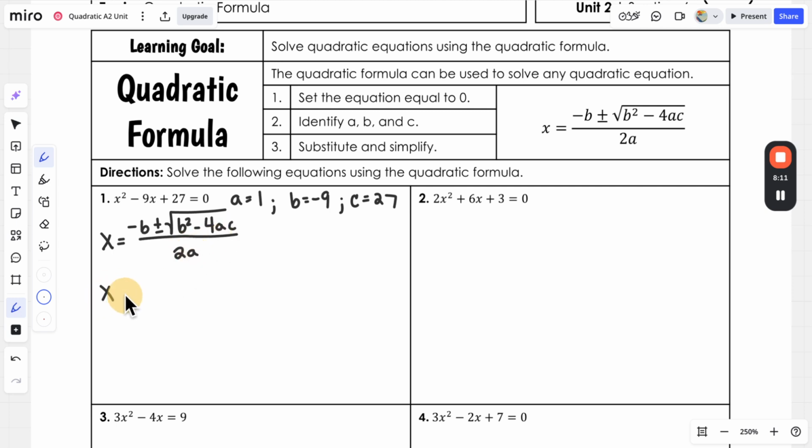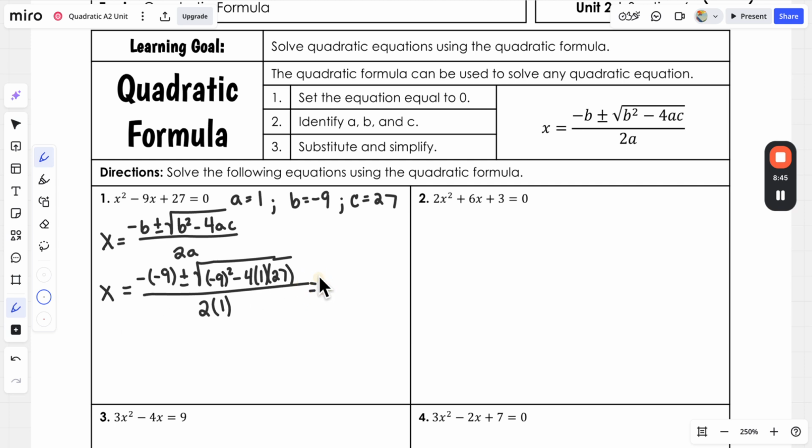So that means that x is equal to -b, the negative of the -9, plus or minus the square root of -9 squared minus 4 times a times c. And that is all over 2 times a, which is 2 times 1.